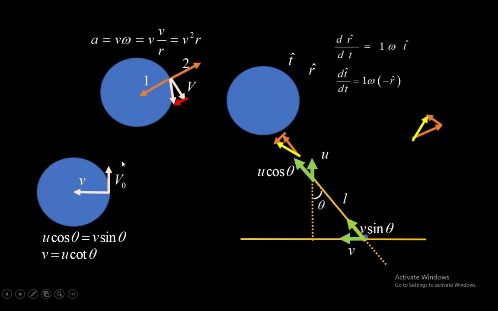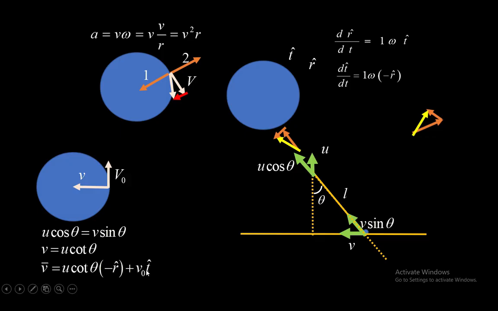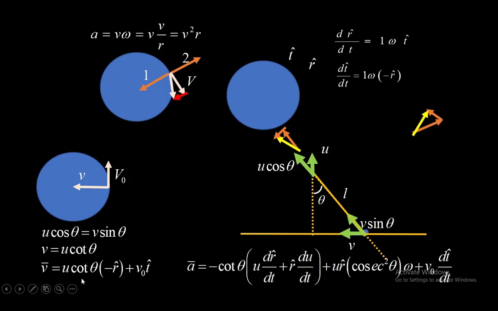So writing the total velocity vector of this bead, it has two components. It is v0 in the tangential direction, v0 t cap, while v is towards the center. The value of v is u cot theta. It is towards the center, therefore minus r cap. Differentiate this velocity expression. I have written cot theta, minus u cot theta first, and the remaining two terms, u and r cap, are differentiated using the product rule.